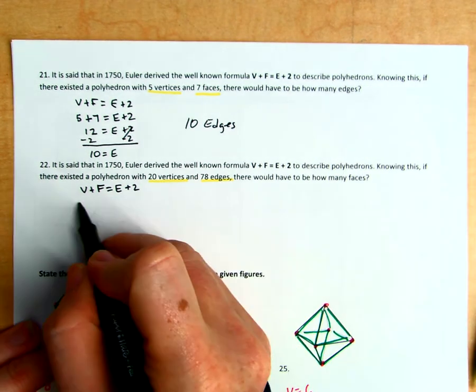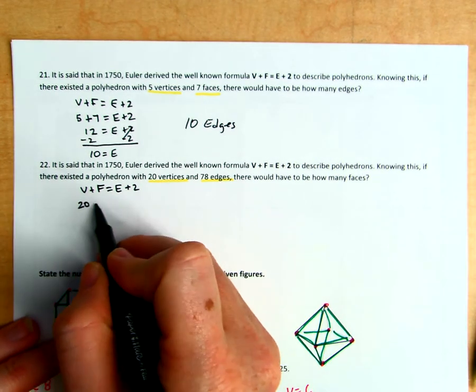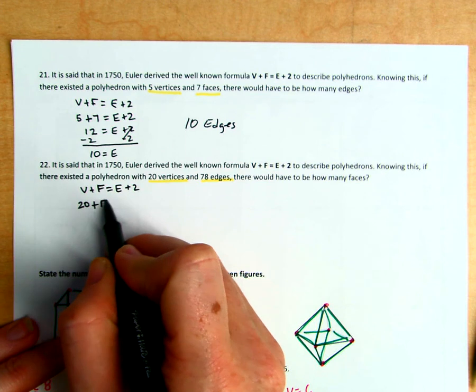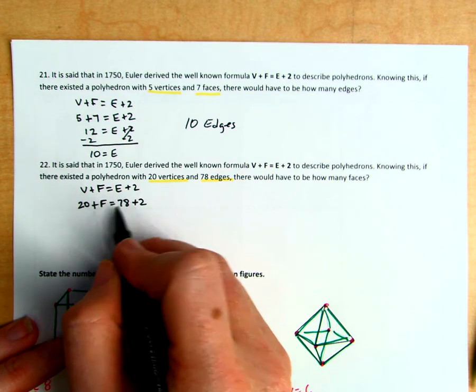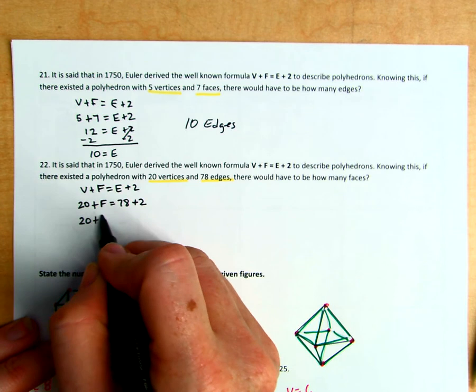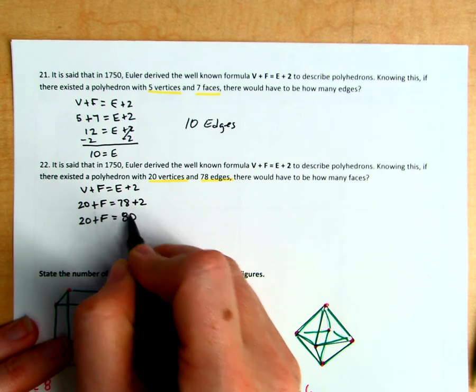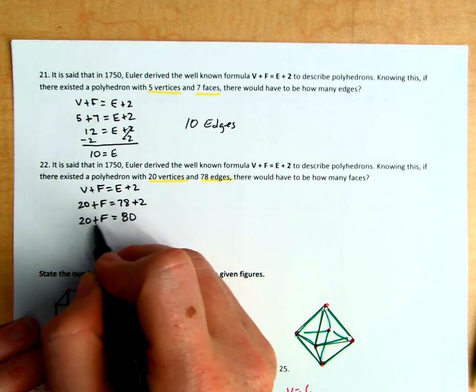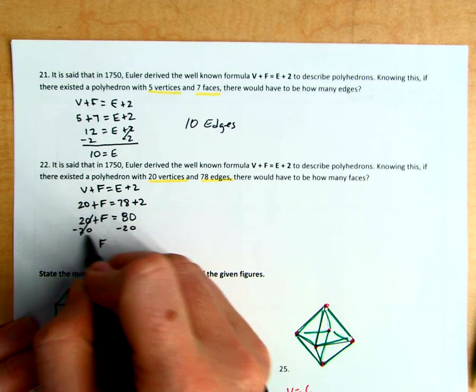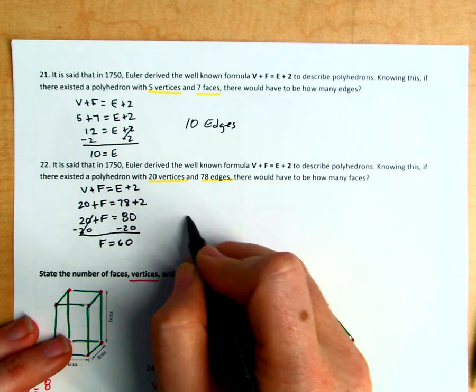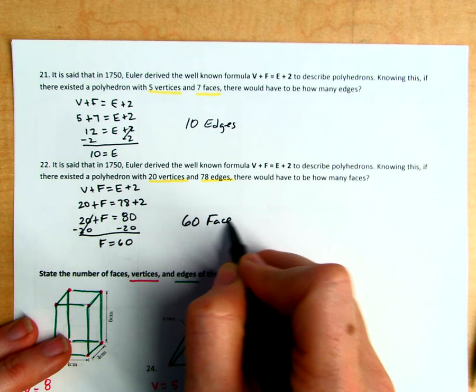So if we plug 20 in here, we don't know faces, but we have 78 edges. Then we can just add 78 plus 2 and get 80. And we're solving for faces, so we can just subtract 20 and get the fact that there are going to be 60 faces.